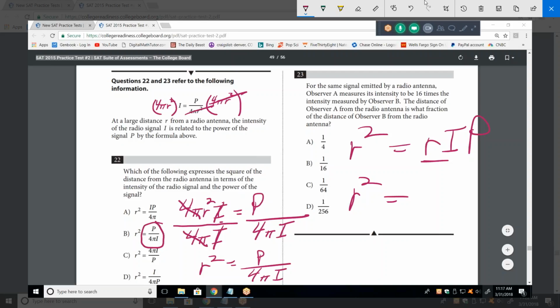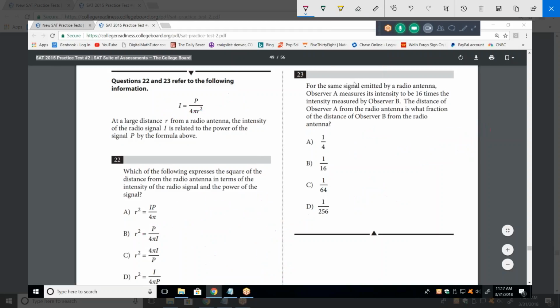All right, let's look at 23 because it also applies to that equation. Little trickier, as you would expect.